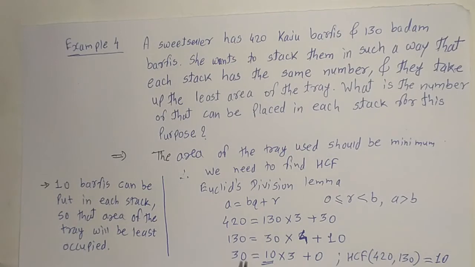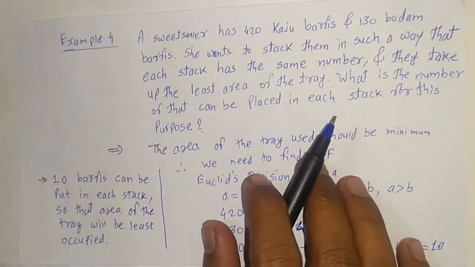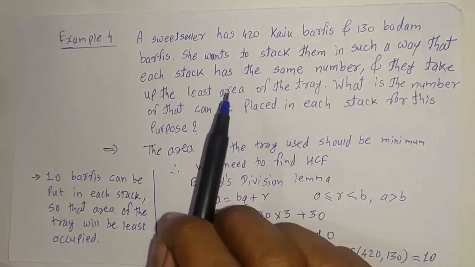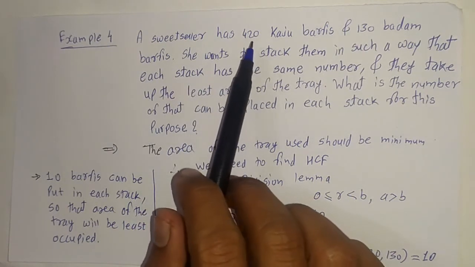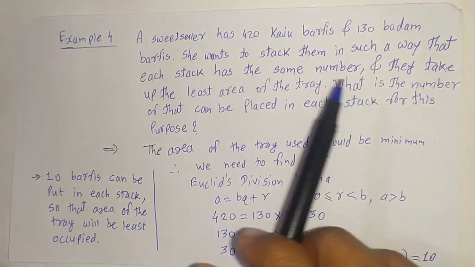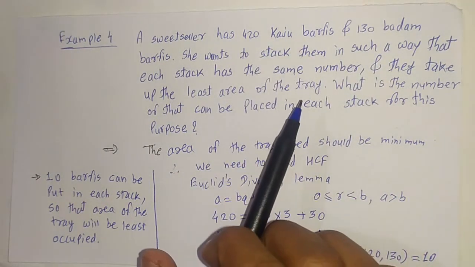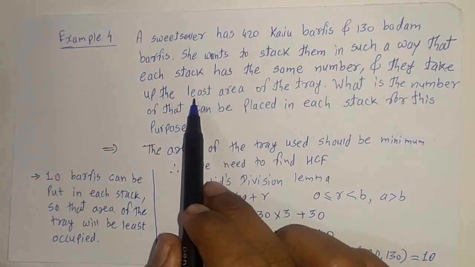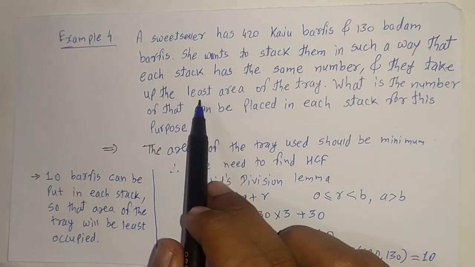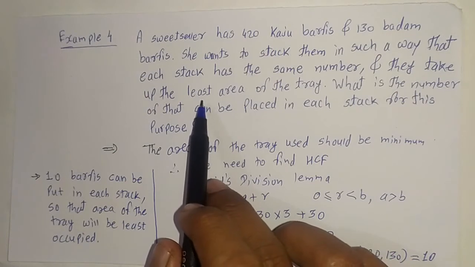So let's revise this problem one more time. What is asked here is, a sweet seller wants to put 420 Kaju burfis and 130 Badam burfis. She wants to stack them in such a way that the area of the tray occupied should be least. So when will the area occupied be least?